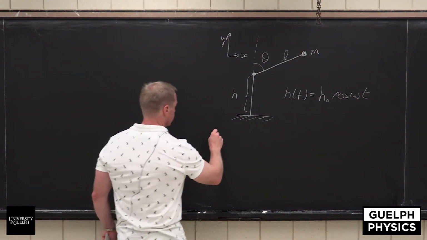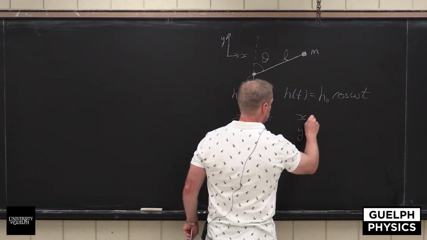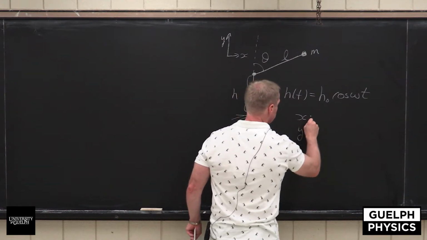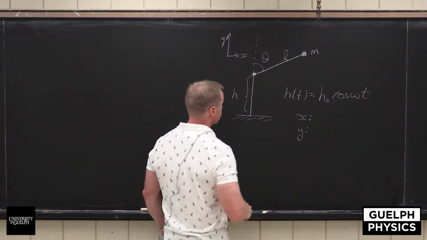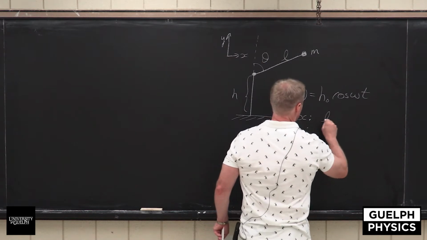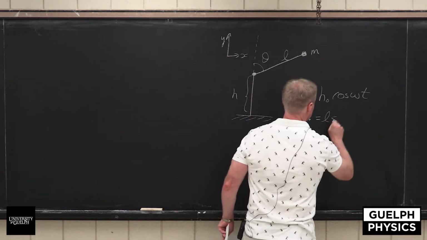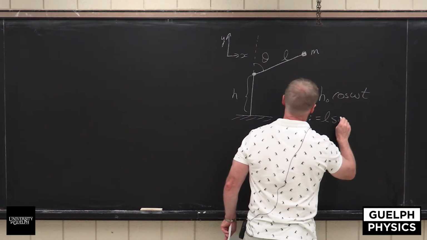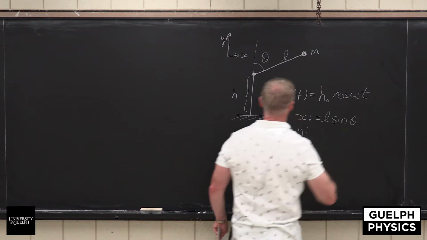So the first thing to do, we write down again our x and y coordinates of this mass. So x is fairly straightforward, just given by L sine theta.